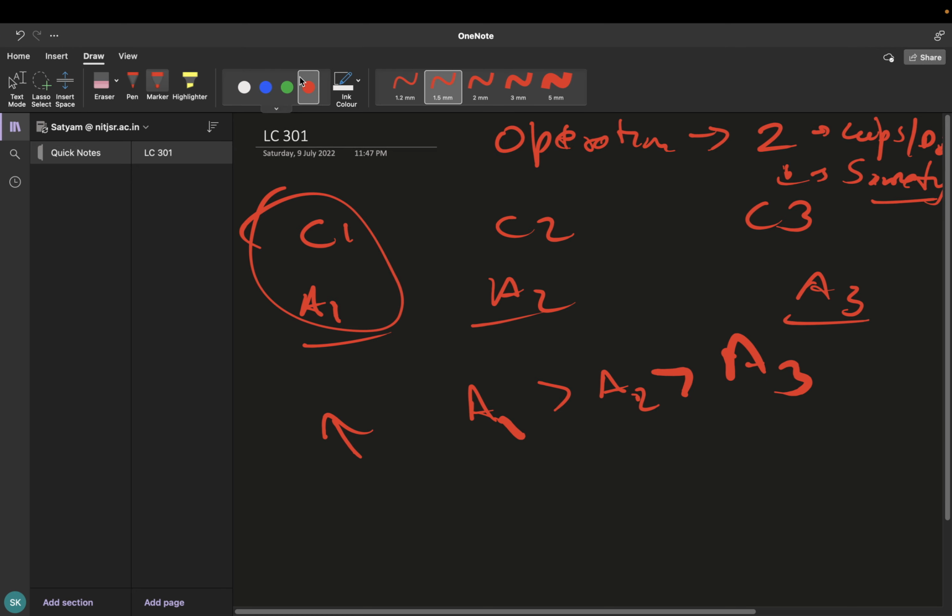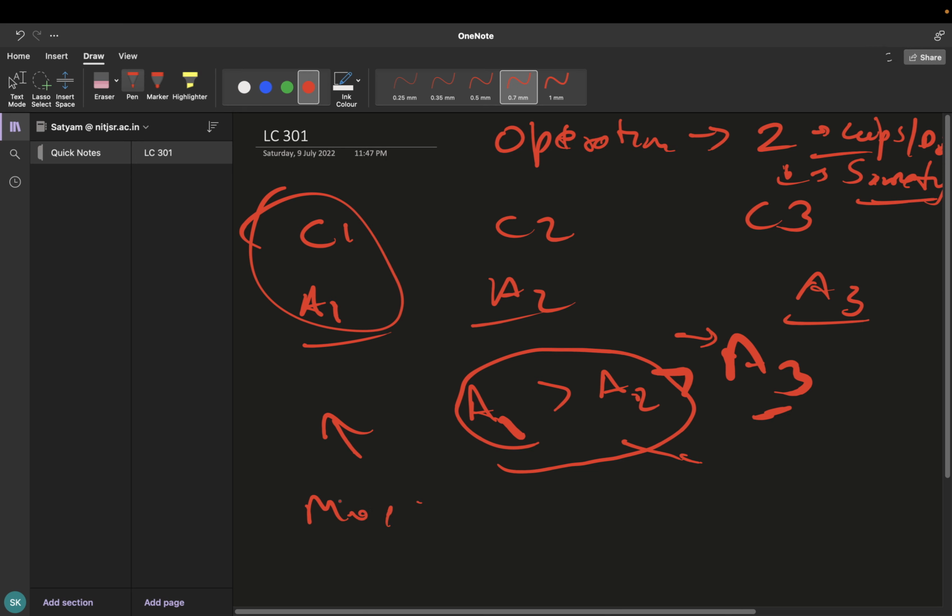Here it's always beneficial to fill these two cups until it becomes less than or equal to A3. Through this, we can always fill the cup with the maximum, so it will require fewer steps.